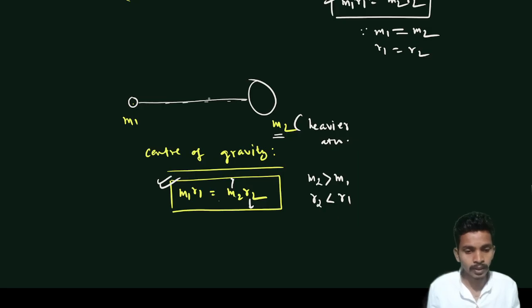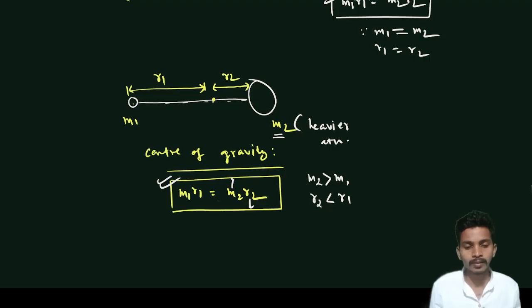So r2 will be somewhere near this, and r1 will be this one. So for heavier atoms, the center of gravity lies towards the heavier atom. It has to lie there because you have to satisfy this condition of the center of gravity.